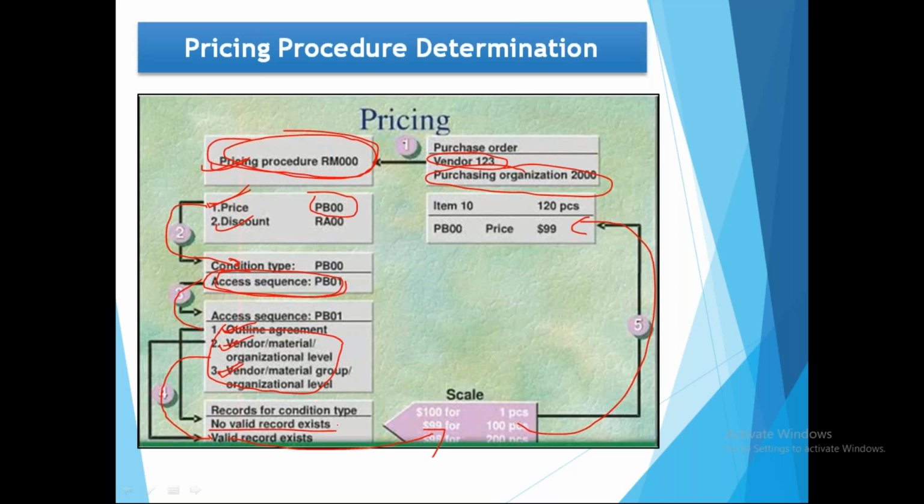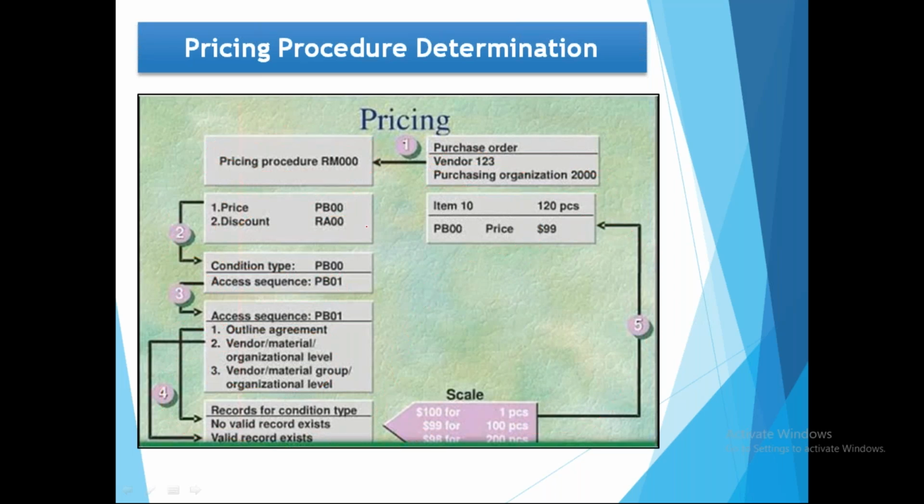If no valid record exists, then you have to enter it manually in the purchase order. So this is the procedure how system will determine the pricing. Whenever you create a purchase order for a vendor and purchasing organization combination, system will determine the prices through this sequence.